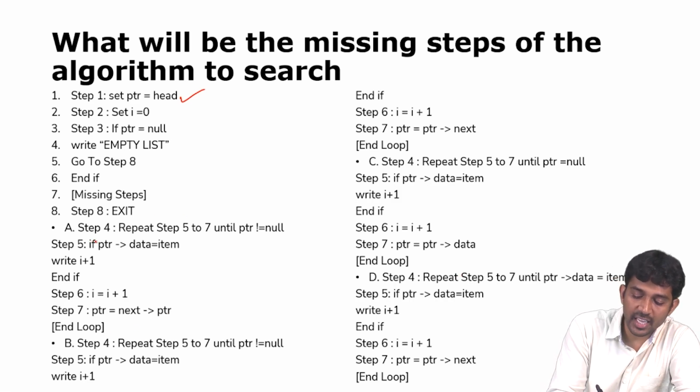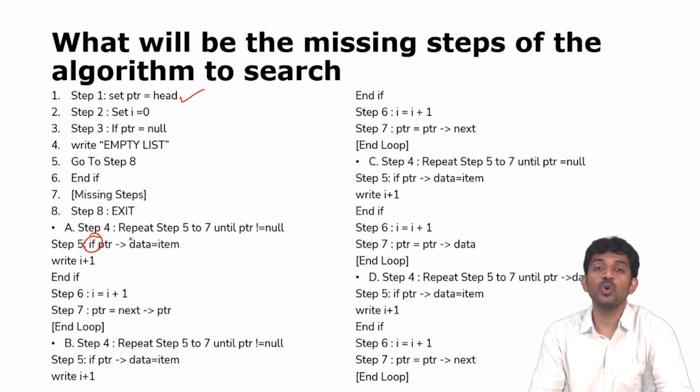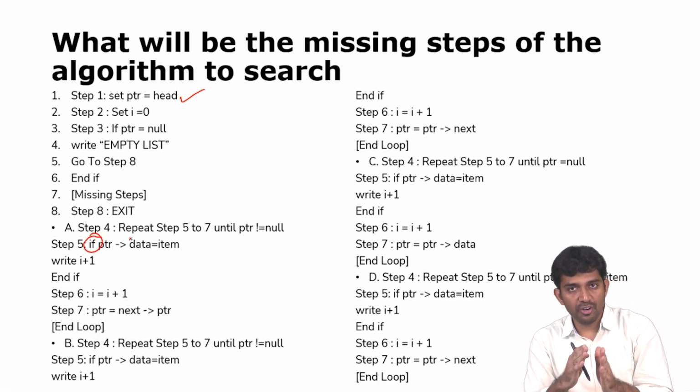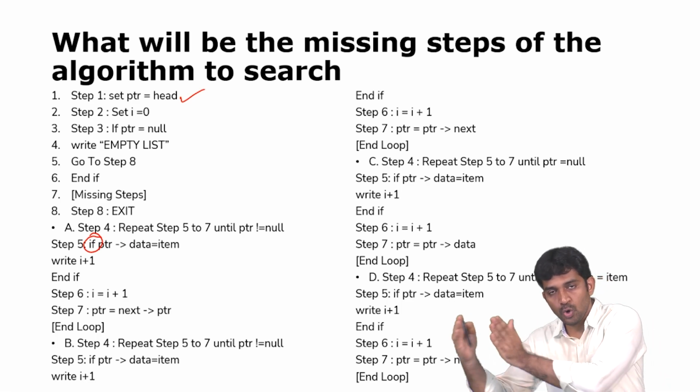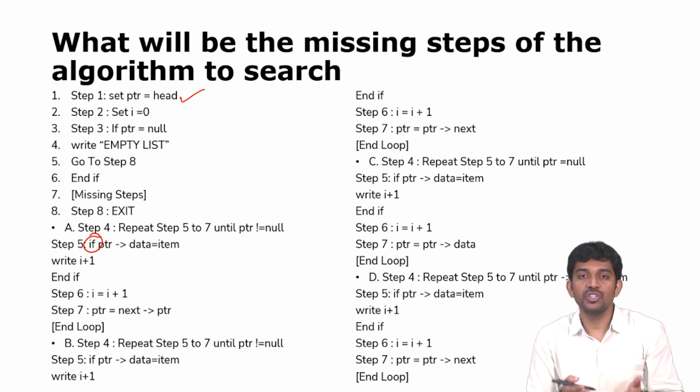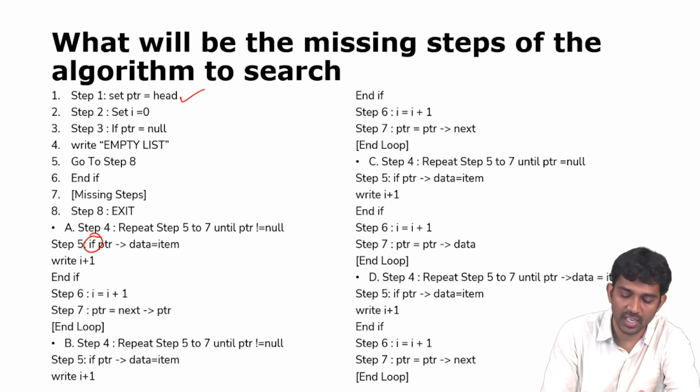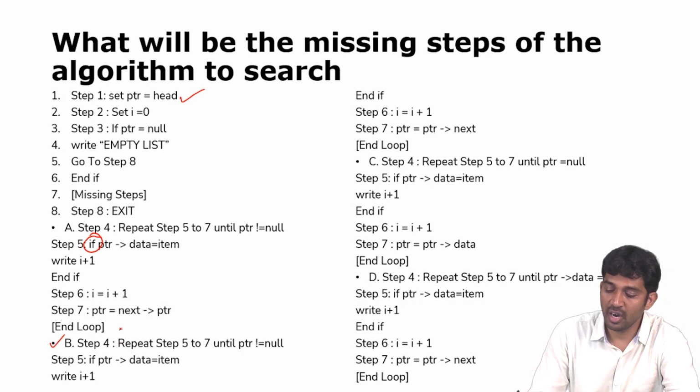See, here they use an if. If means there is no repetition, because you have a linked list, so you need to traverse from node to node, head node to node, right? But here there is no provision to repeat the process. Coming to here, yes, the repeat is there. Here also repeat is there, and here also repeat is there.